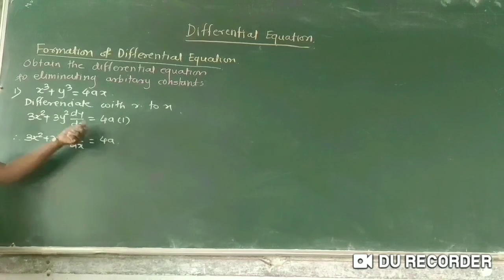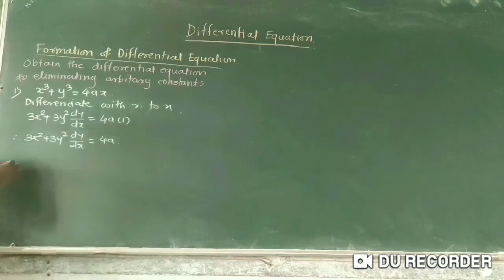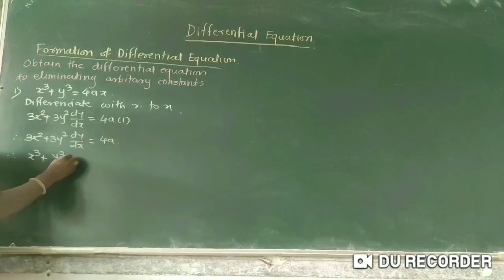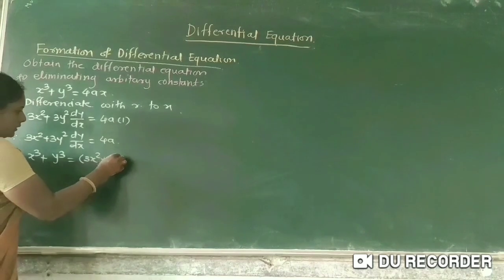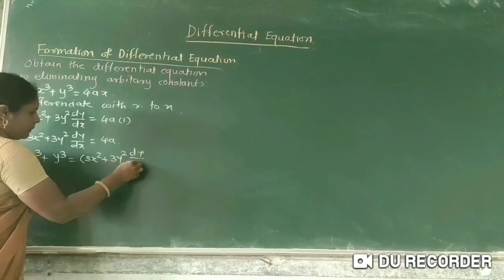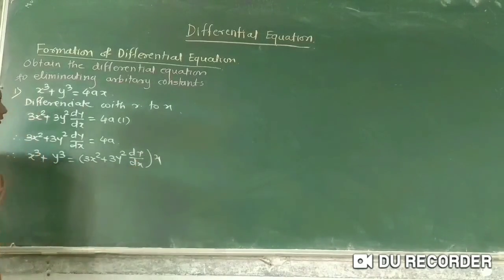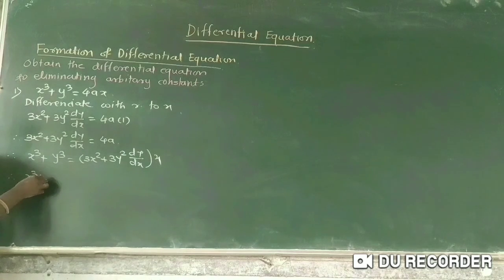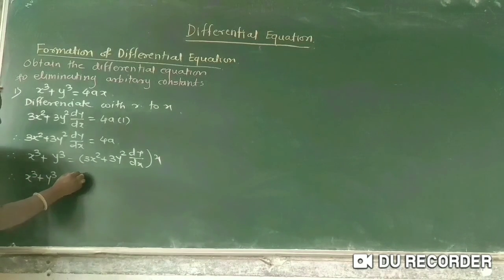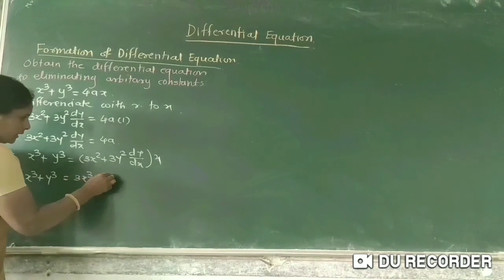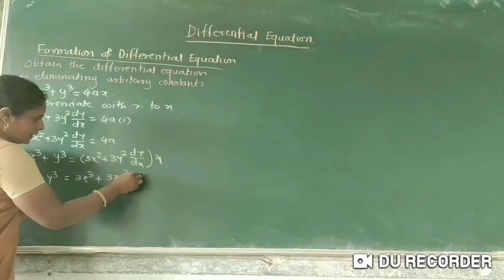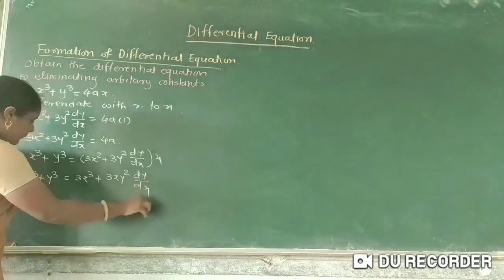Substitute this value of 4a in this equation. We get x cube plus y cube is equal to (3x square plus 3y square dy by dx) into x. Simplify this bracket, we get x cube plus y cube equal to x into 3x square is 3x cube plus 3xy square dy by dx.